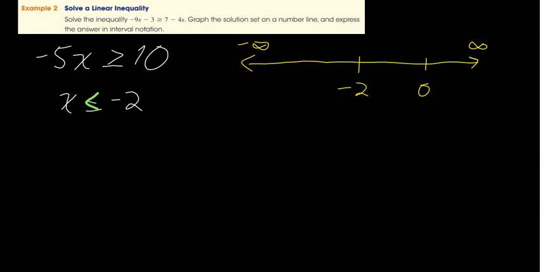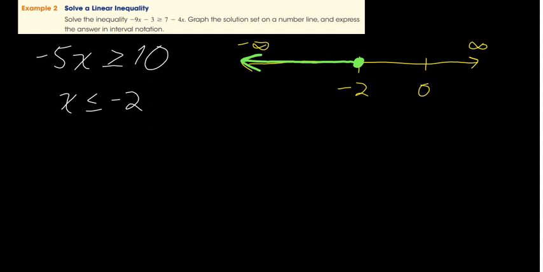We're saying that x is less than or equal to -2, so all the numbers down this way to negative infinity. That is graphing it on a number line.